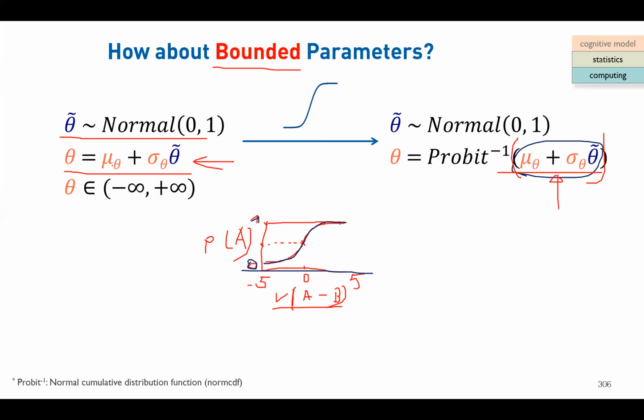If this one is without a limit, but we want something that has a limit, then what we do is apply the softmax so that the resulting parameter, this theta, will be between 0 and 1. Okay, it will be between 0 and 1. Does that make sense?